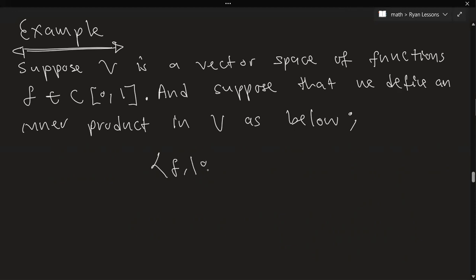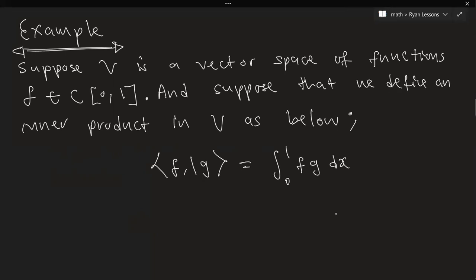The inner product of f and g is equal to the integral from 0 to 1 of f g dx. So here we consider a vector space of functions which are continuous in the interval from 0 to 1, and in this vector space we have defined an inner product in that manner.